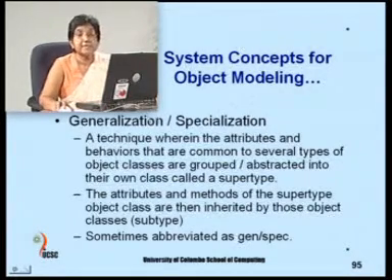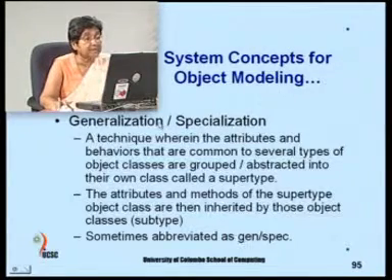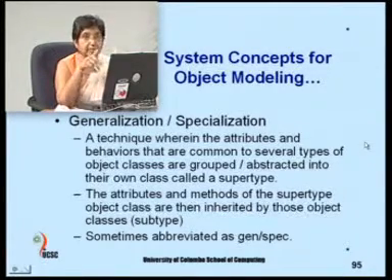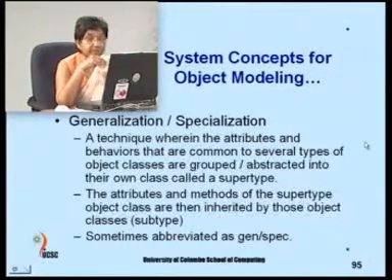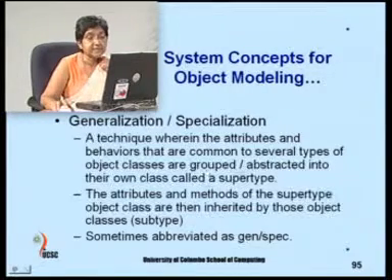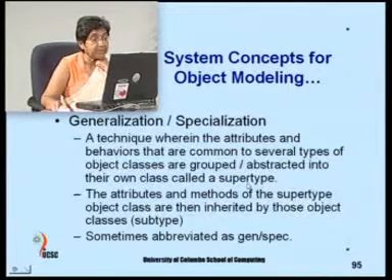Then another concept in object modeling is what is called generalization or specialization. We have seen our main object with attributes and the behavior, or what you can do with those. This is a technique wherein the attributes and behaviors that are common to several types of object classes are grouped or abstracted into their own class called a supertype.